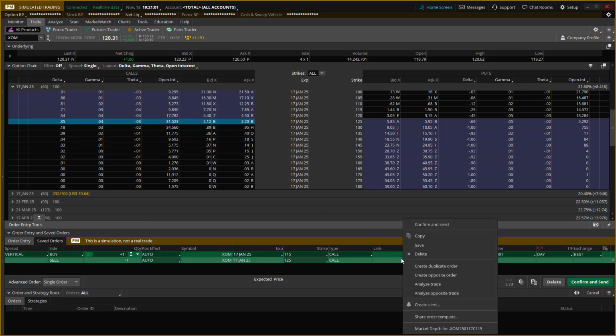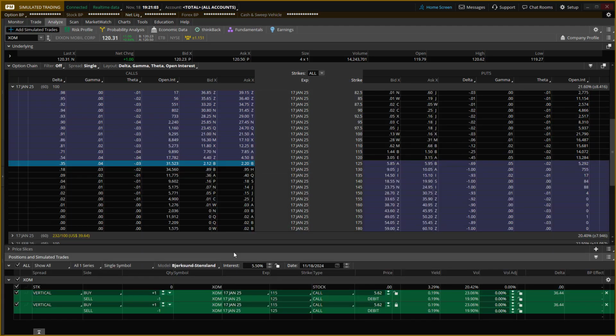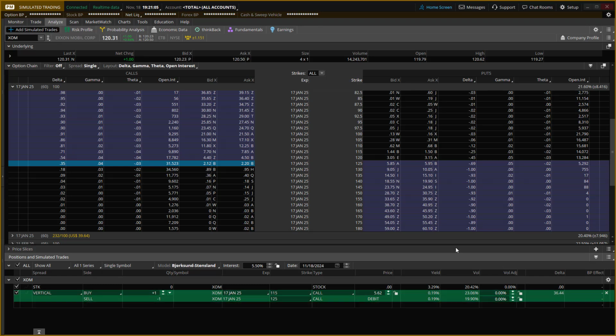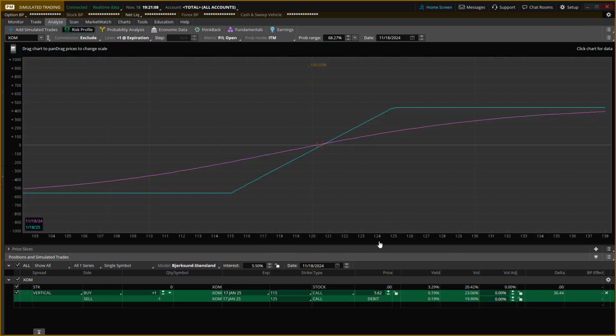So if I put this over here on the Analyze tab, whoops, I didn't want to do that. There it is, risk profile. That's what that profile that I drew out for you is, a debit spread. And by the way, it looks very similar to a bull put credit spread. It's the same profile for a bull put credit spread.